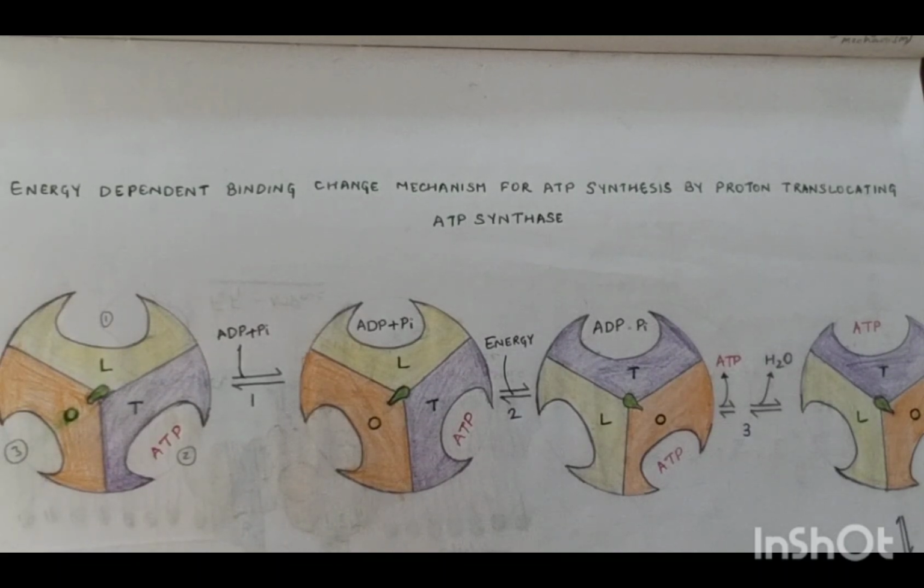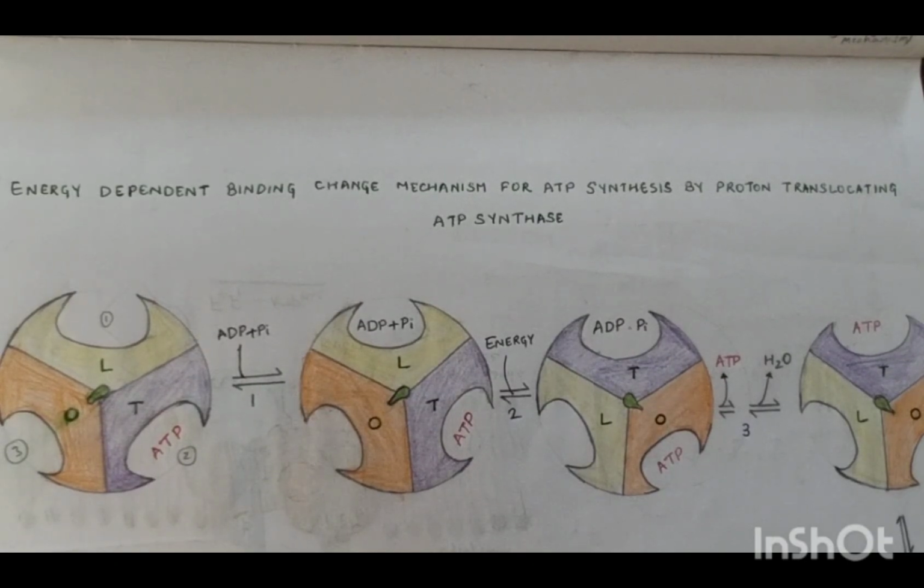The conformational changes in the ATP synthase in a transverse section can be studied here in this diagram. The conformational changes in the ATP synthase that power ATP formation are generated by proton translocation rather than by direct electron transfer.